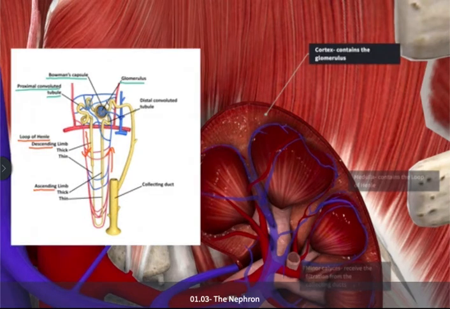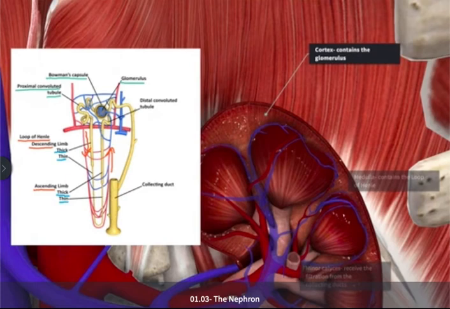Both the descending and the ascending limbs are going to have two different components, a thick and a thin portion. So the descending limb is going to have a thicker portion, followed by a thin portion, and then the ascending limb will continue as a thin portion that then becomes a thick portion. And again, there are going to be different functional capacities to each of these components.